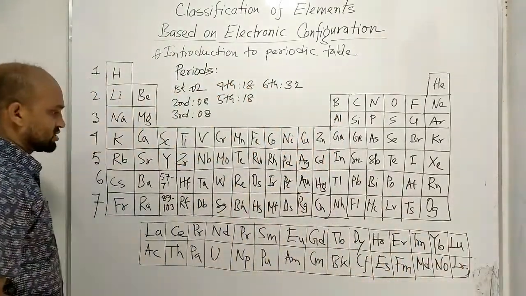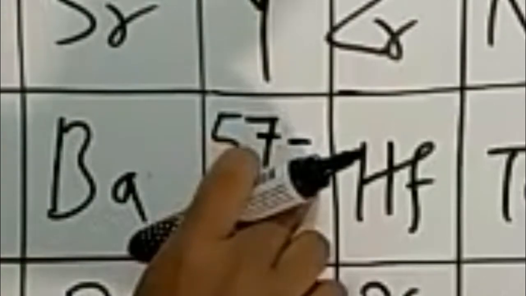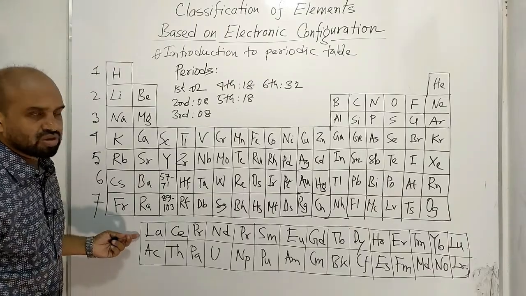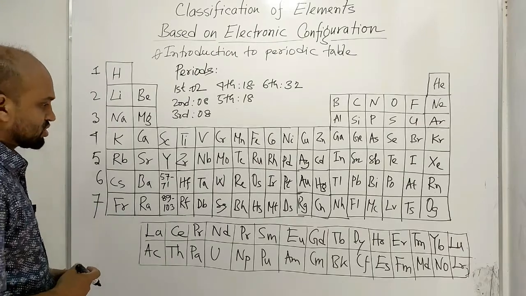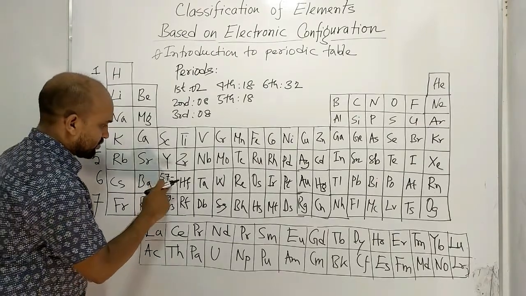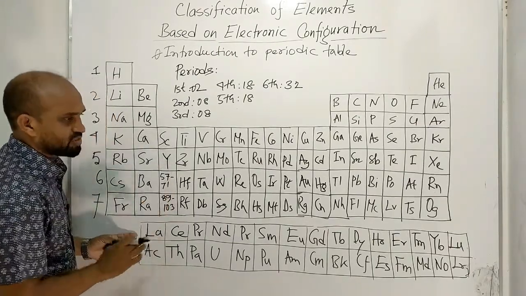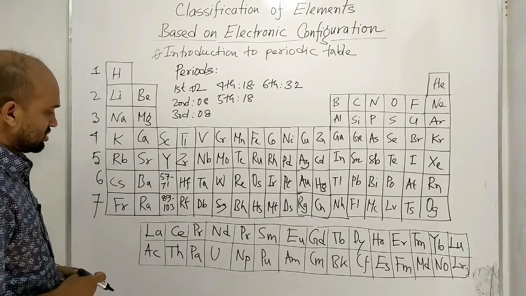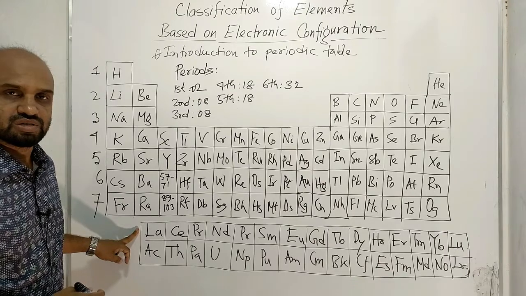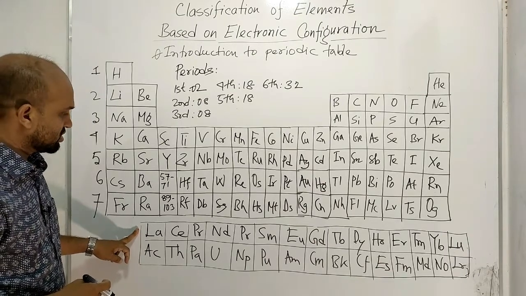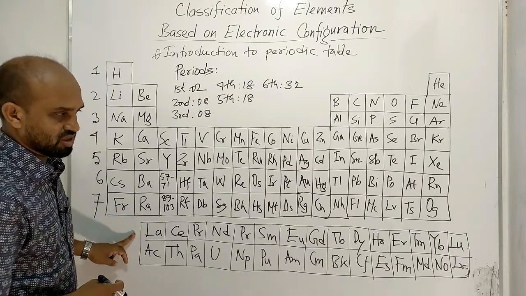These 15 elements are supposed to be here because of their close similarity. But it is not possible to keep in one place these 15 elements. That is why these similar type of 15 elements are placed beneath the main periodic table.